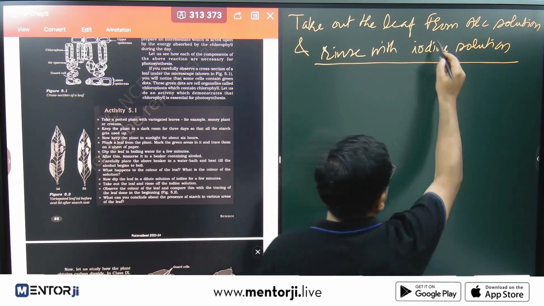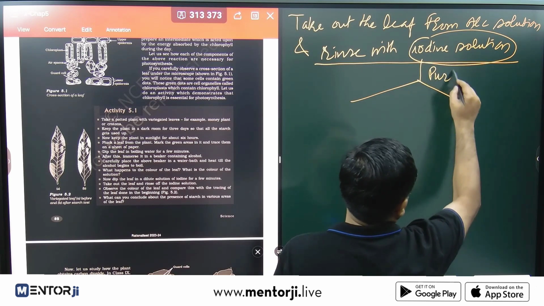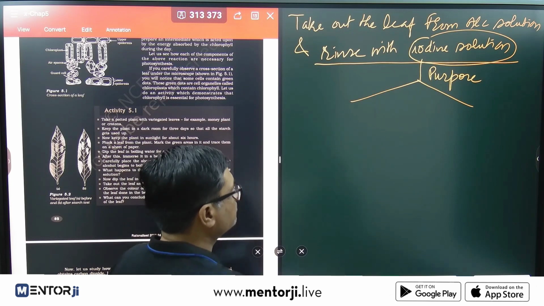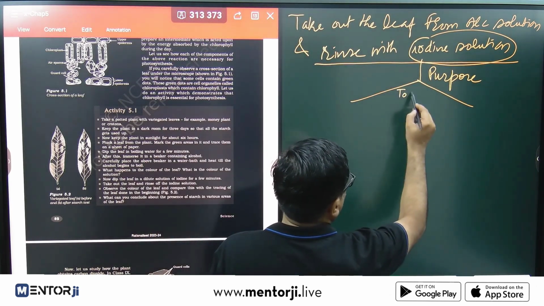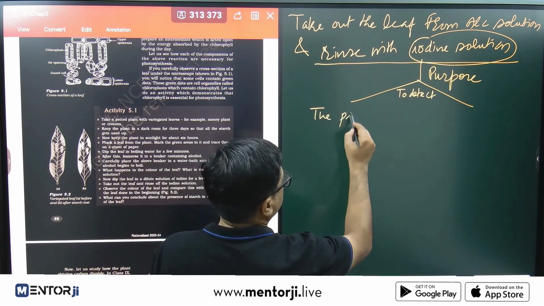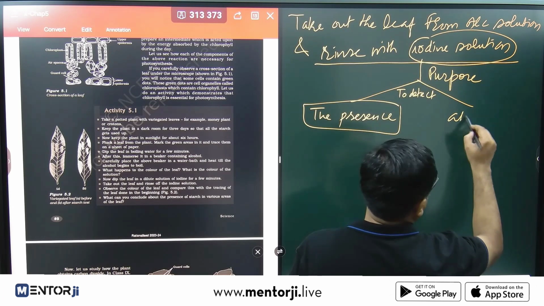Now, the purpose of iodine solution is to detect the presence or absence of starch.